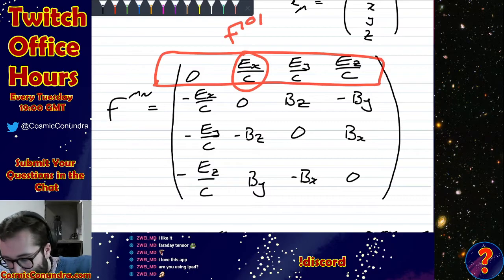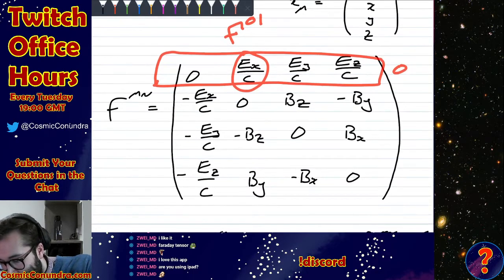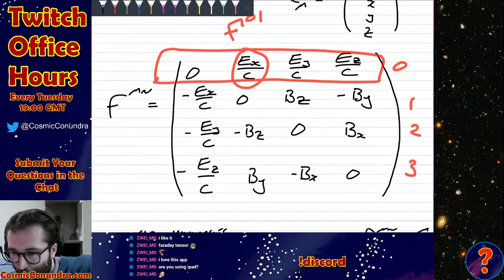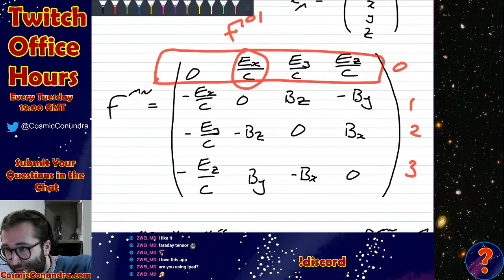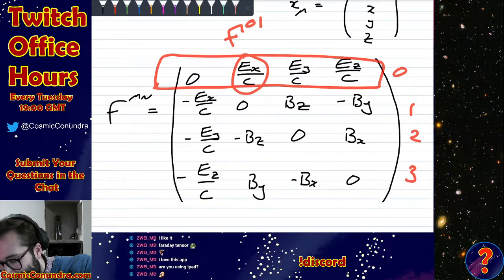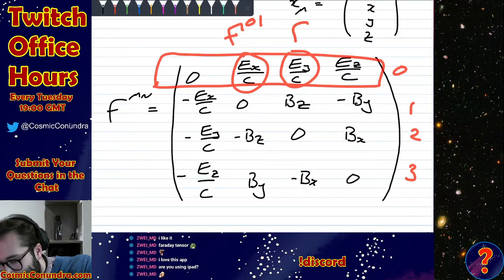I'm counting from 0 up to 1, 2, and 3. You could have gone 1, 2, 3, 4, but generally in relativity people count 0, 1, 2, 3, with 0 for the time-like component. Likewise, the y component will be F02, and the z component will be F03.